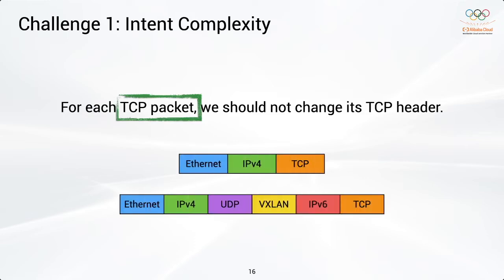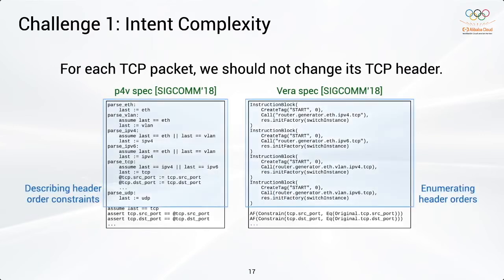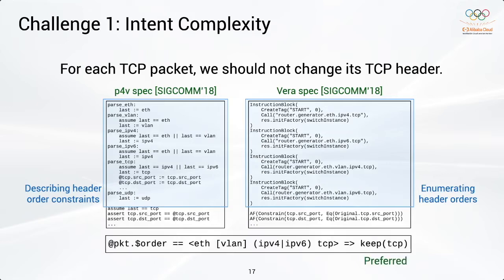Is a packet with a TCP header a TCP packet, or is a specific header order required? Here, of course, the second packet is not what we want, but it's not easy to tell this to the verifier. If we follow existing work, we will have to write a lot of lines to express this point. It's very complex and also error-prone. It would be much better if we could express it in one line.